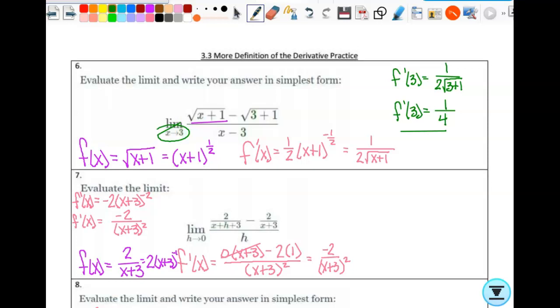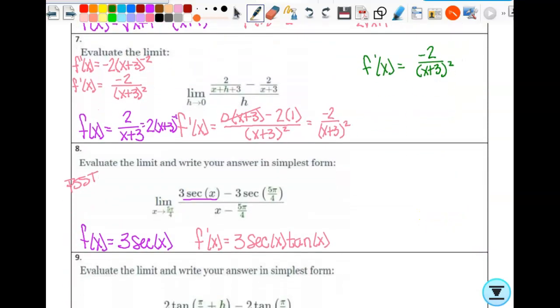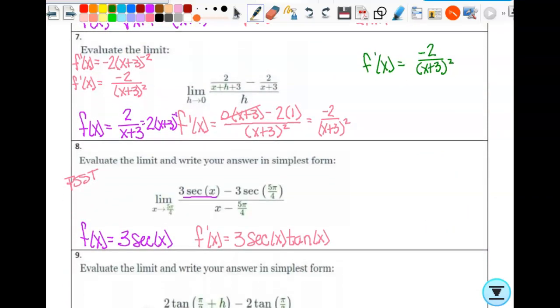Are we evaluating number 7 at some value? No. So my answer is f prime of x equals -2 over x plus 3 squared. And just FYI, this is the same as -2 over x plus 3 squared.